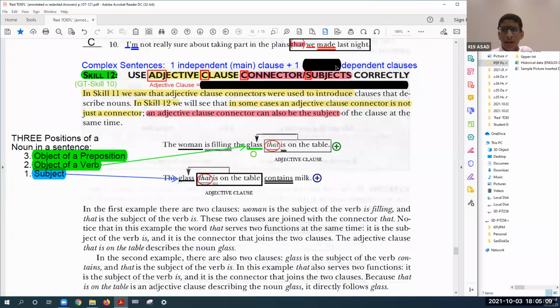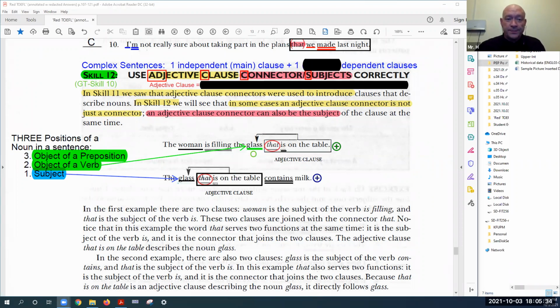With a connector. Then the next key part, the subject. Those are the key parts you should have in every clause.